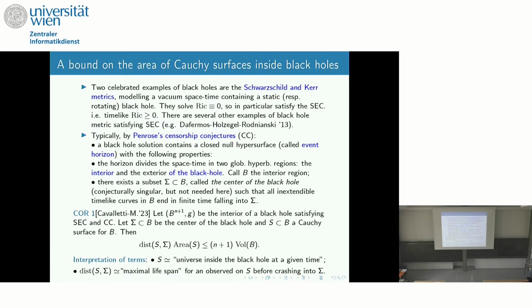Then, what is this distance between S and sigma? Well, that's the maximal lifespan for an observer before crashing into sigma. So basically, it's the life that you can live when you are there, before crashing into the center. So this is saying that your maximal life expectancy times the three-dimensional volume that you are seeing is bounded above by the volume of the black hole.